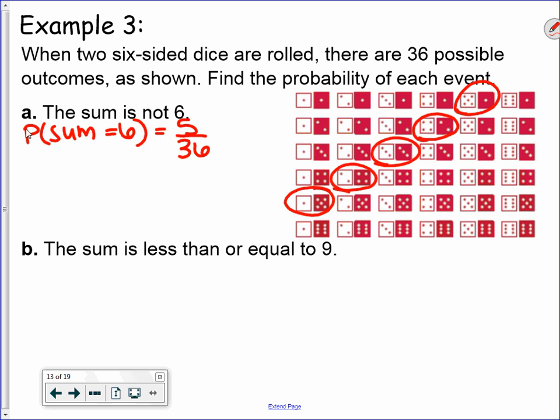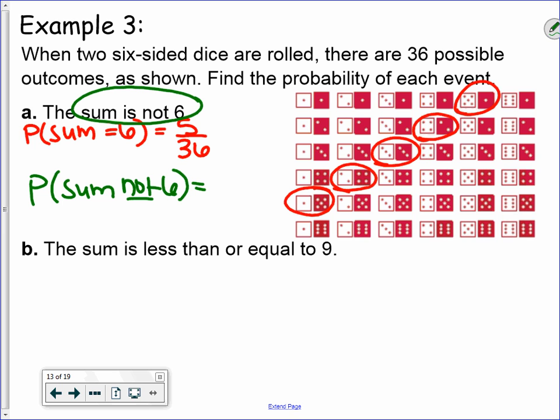But we want that the sum is not 6. So instead of counting up all of these other ones, let's find the probability that the sum is not 6. So instead, we want all of the remainder here. There's a possibility of 36 outcomes, and 5 of them were the sum of 6.